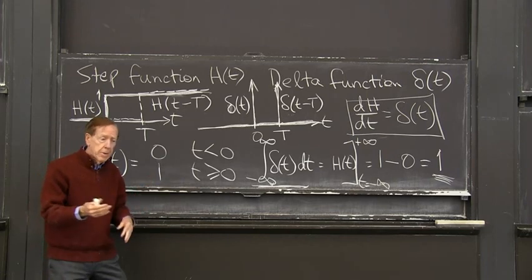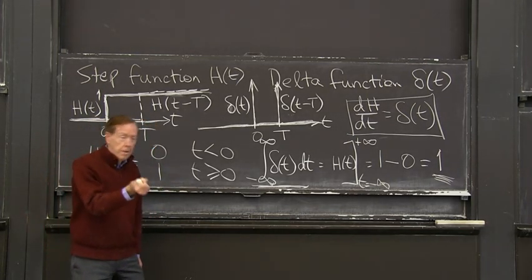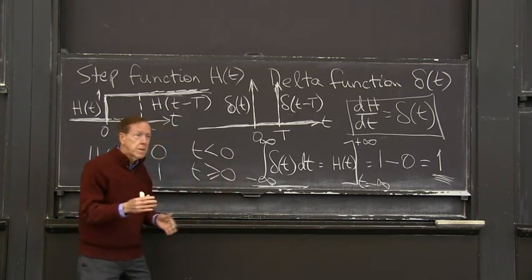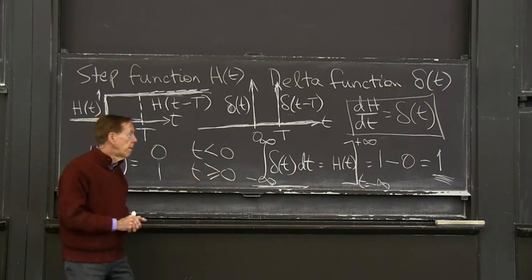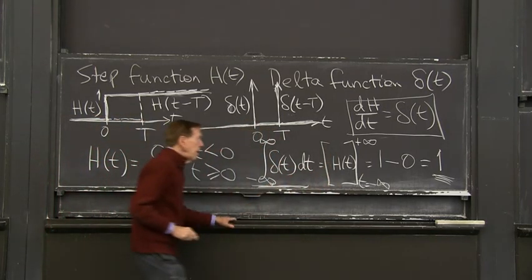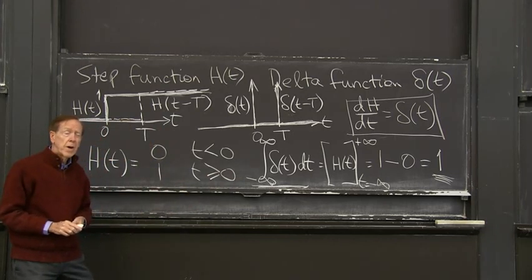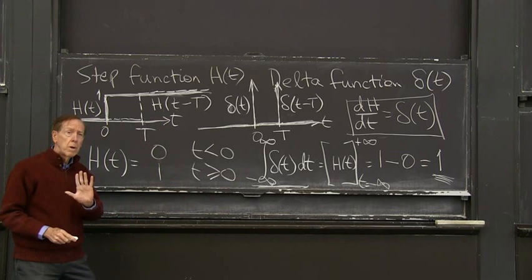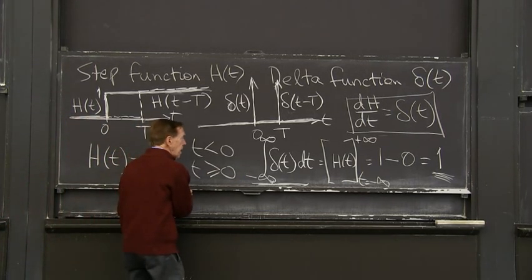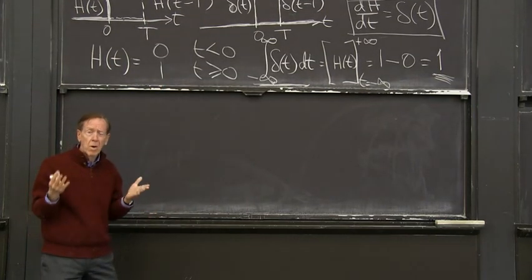Again, you only made the deposit at one moment, but that deposit was a full $1, and adding up all deposits is just that $1. So that's the integral of the delta function. Now, actually, to use delta functions, I need to give you a slight generalization of that. Delta functions are really known by their integrals.